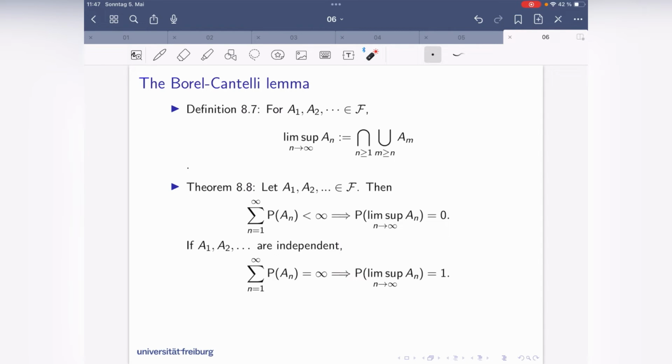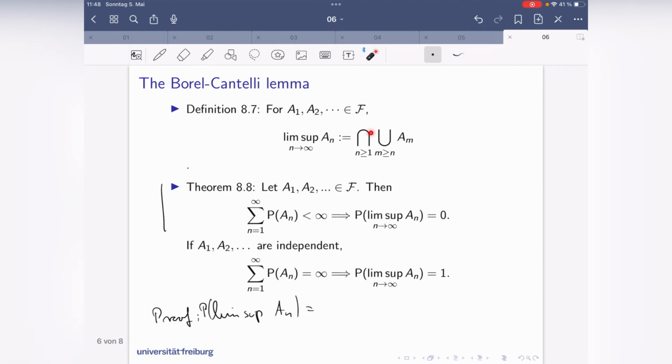Let's prove that here. On this slide, I'm only proving the first assertion, and on the next slide I'm doing the second. The first one, that's a one-liner. The lim sup of A_N, and the probability of this. The lim sup is an intersection of unions.